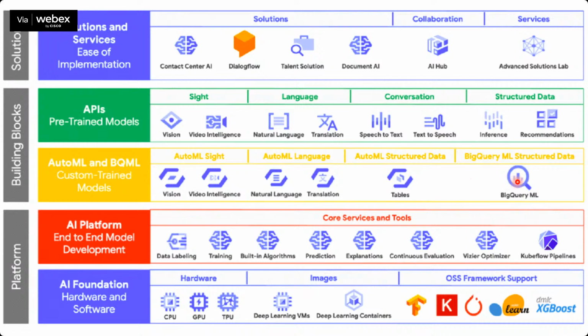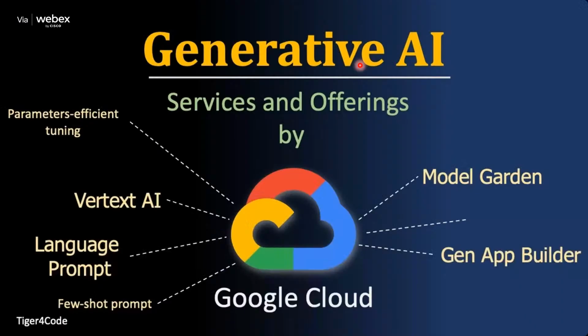You have Google BigQuery ML, which is in itself an AI-enabled solution. And then you have various PaaS and SaaS kind of solutions, so Dialogflow for your chat, Contact Center AI, Document AI, etc., which are available for you to use. And then specifically with respect to generative AI, you have Google Cloud Services.